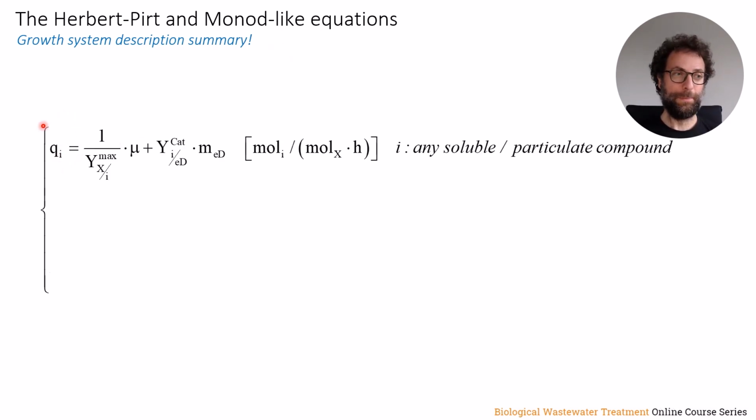So, the Herbert-Pirt equation states that the biomass-specific consumption or transformation rate of any soluble or particulate compound, i, is a function of the growth and the maintenance. Basically, the flux is distributed between growth and maintenance.